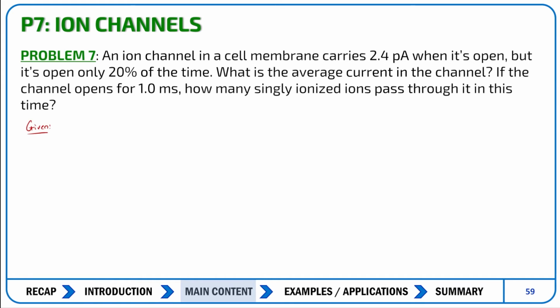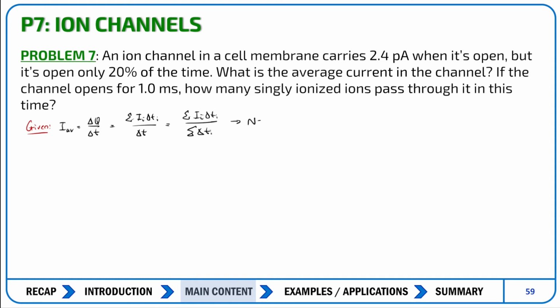Given to us, we know that there is some sort of average current that we have to solve for, but the average current is given by delta Q over delta T. And delta Q, we know, is going to be equal to the summation of all individual currents for all individual components over a specific amount of time, divided by delta T. This is then equal to the following.